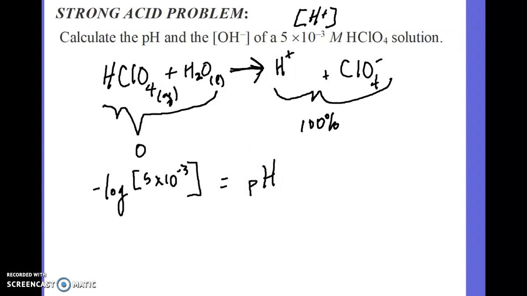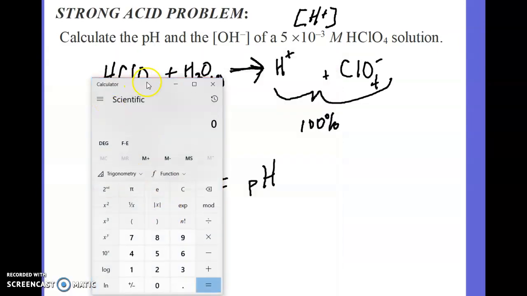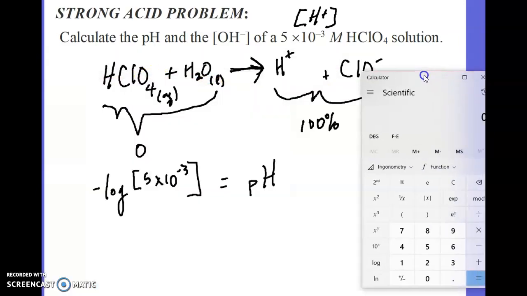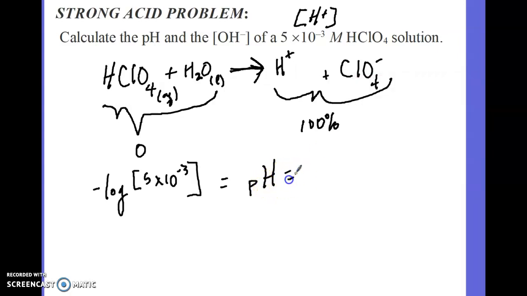So if we take out our trusty calculator, you can see that we want to take the 5 exponent 3 negative. Every calculator is different. We want to take the log of that, and of course we change the negative sign, make that positive. So the pH of this would be 2.3.